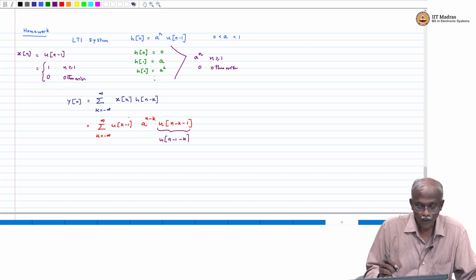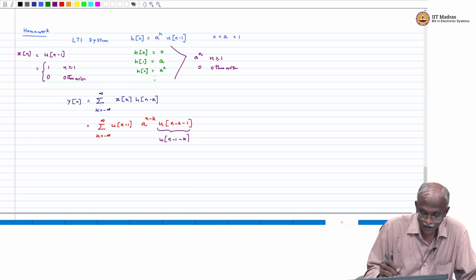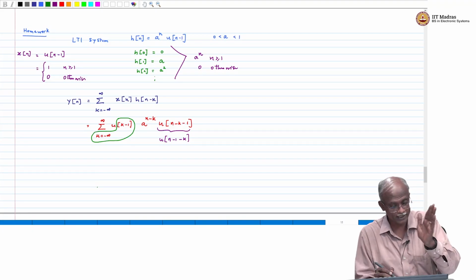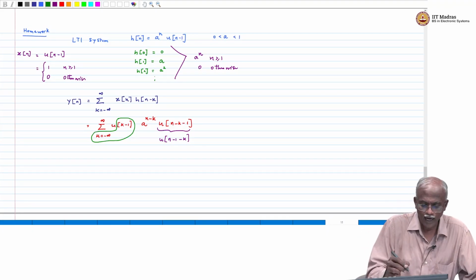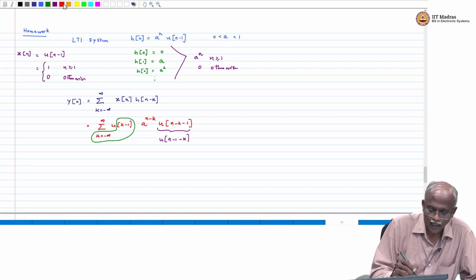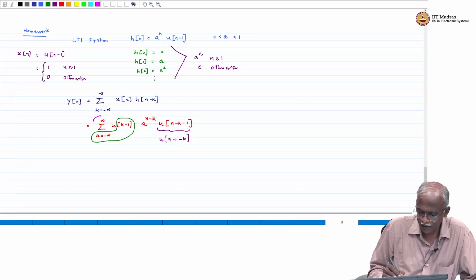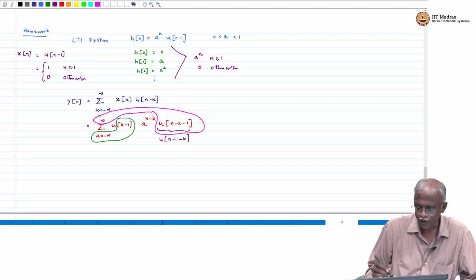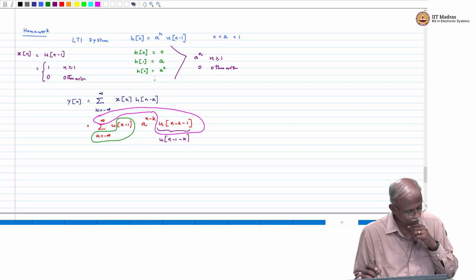So, now look at the combination of these two and tell me where your summation will start from, and look at the other term, the upper limit. Instead of going up to infinity, if you look at the expression for u of n minus 1 minus k, you can modify the upper limit.